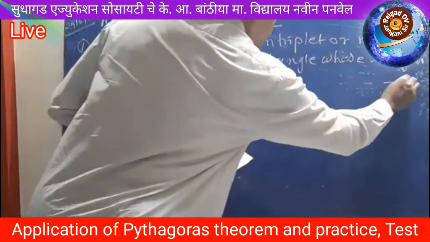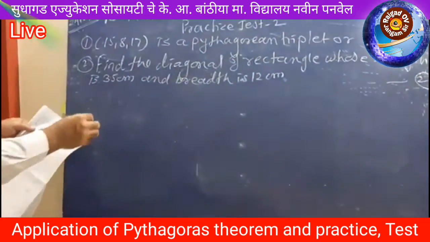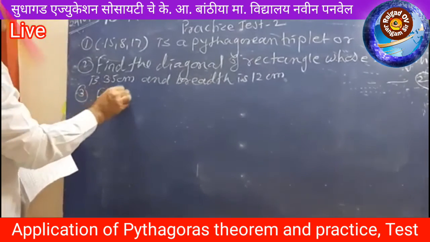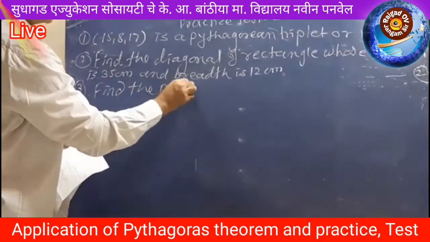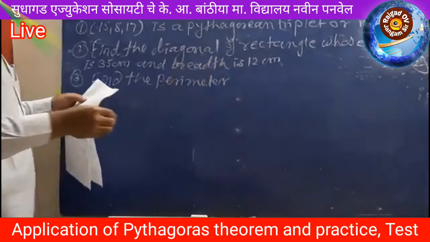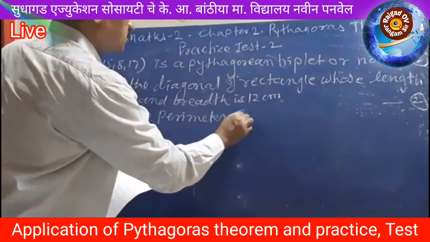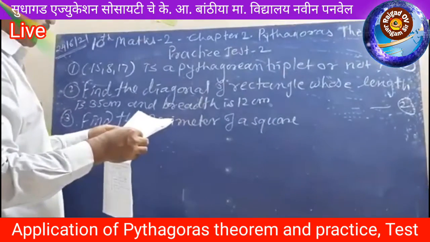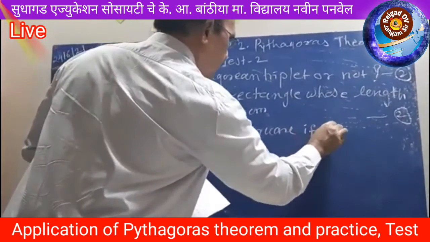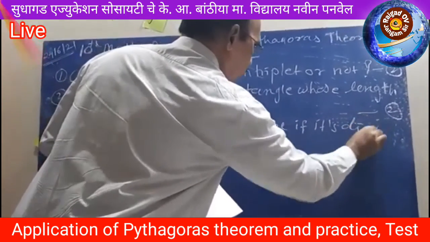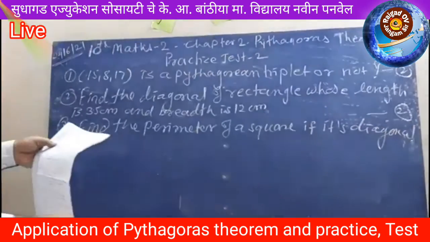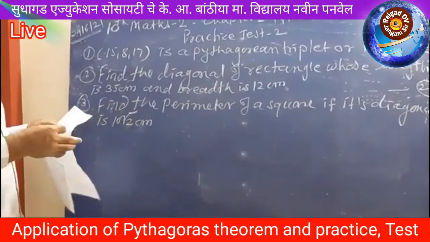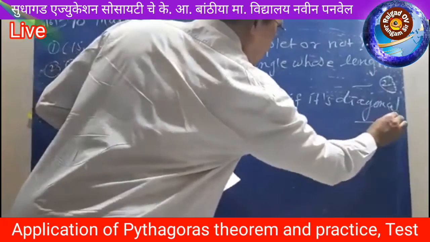This example carries 2 marks also. Then third one, find the perimeter of a square if its diagonal is 10 root 2 cm. This example carries 3 marks.